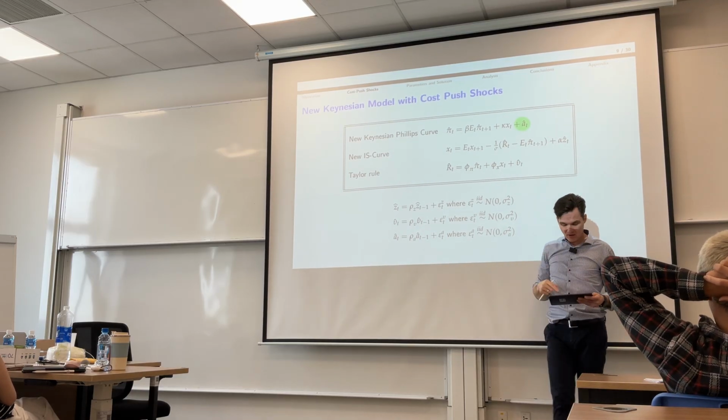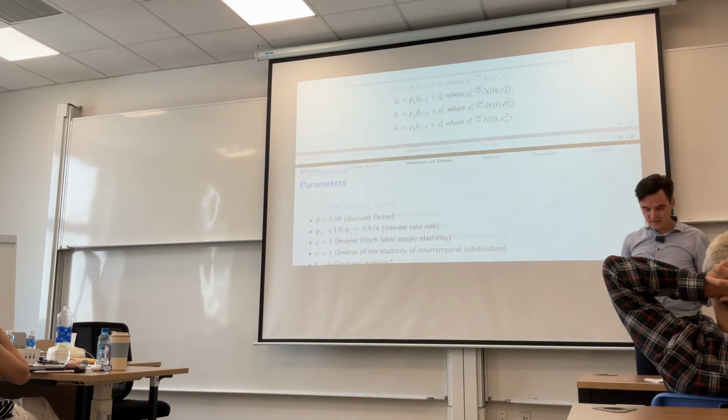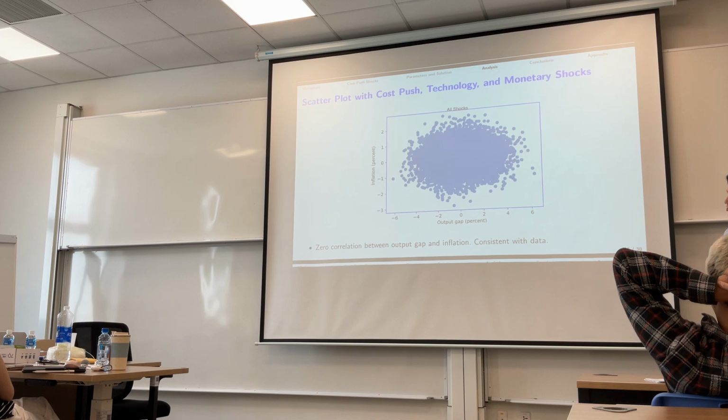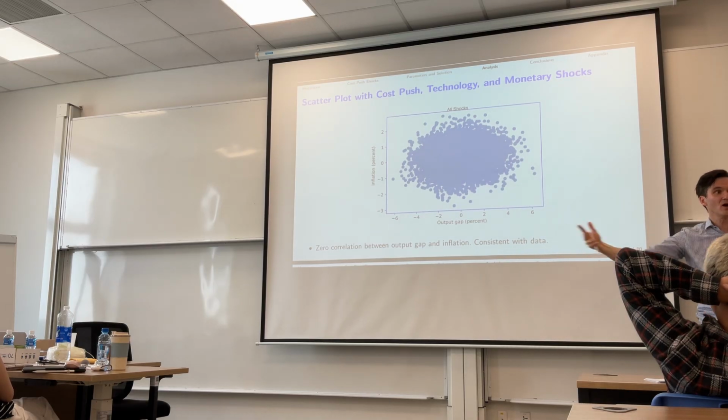It's a very brief slide deck. What I'm going to show you is that when you use this model with all the 3 shocks, right? You have the technology shocks, you have monetary policy shocks, and you have these cost push shocks, and you simulate the model with these 3 shocks together, boom, you're going to get a shotgun blast picture that looks like it.